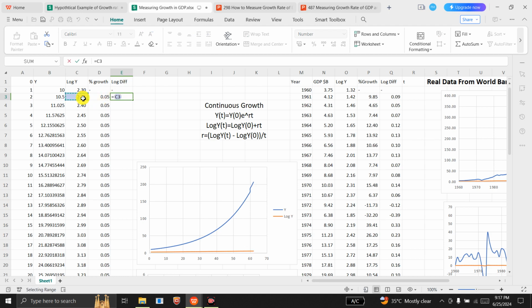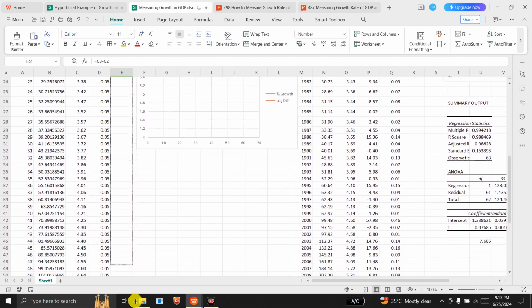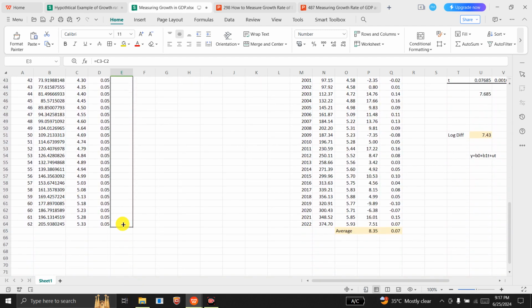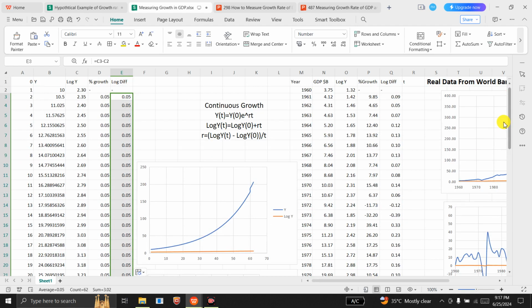So this minus this, so it also gave me 5%. And if I copy this, you can see that both the methods give me exactly the same rate of growth, if I use the percentage method or if I use the log difference method.